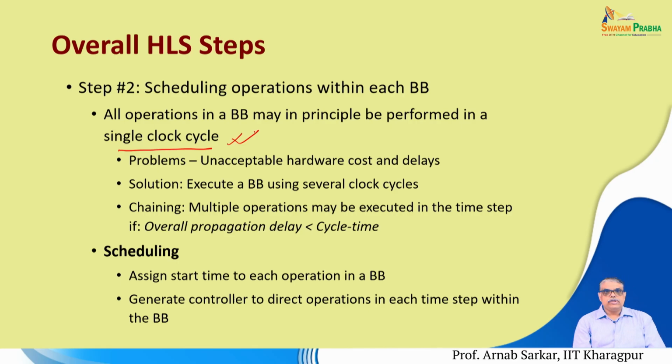Why can they be scheduled in the same clock cycle? Because there is no control flow branching within a basic block. The control flows in a straight line sequence. So, it is only a data flow, there is no control flow. Therefore, the operations within the basic block can be represented only as flow of data.